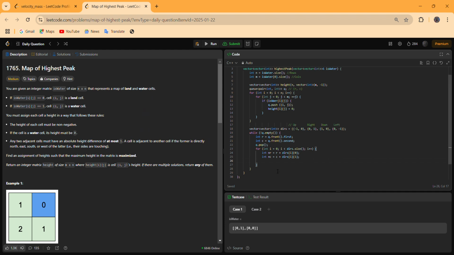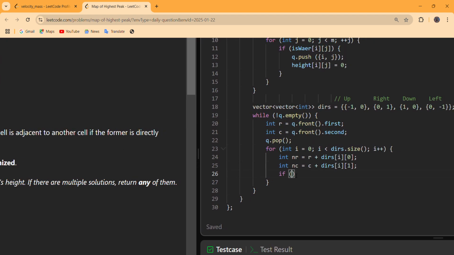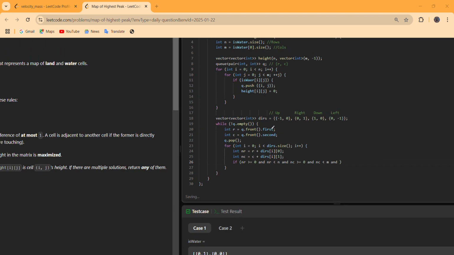So let us check if these are valid coordinates or not. nr should always be greater than or equal to 0 and less than the row number, and nc should always be greater than or equal to 0 and less than the column number. And we also have to check if that particular cell is already visited or not.